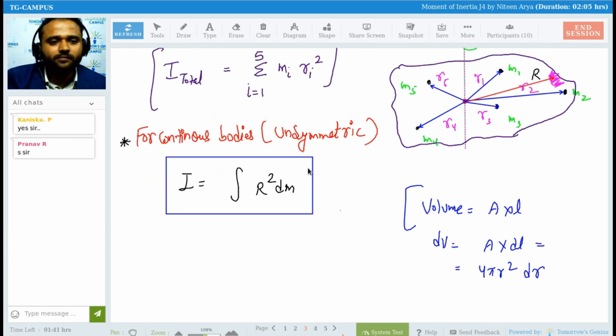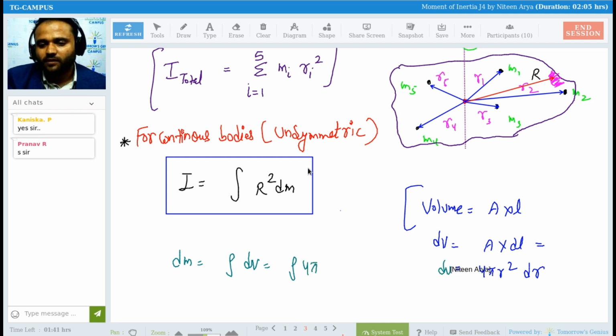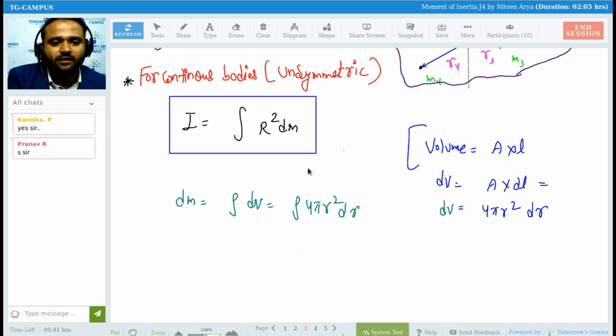And I want to find I. So for this dm, on the above for 3D, dm is going to be rho dv, where dv is 4 pi r square dr. But I want to find I, right?